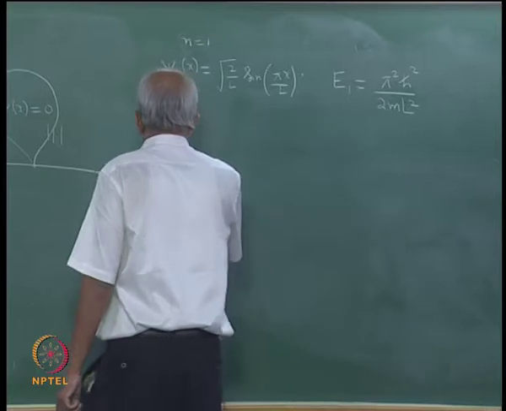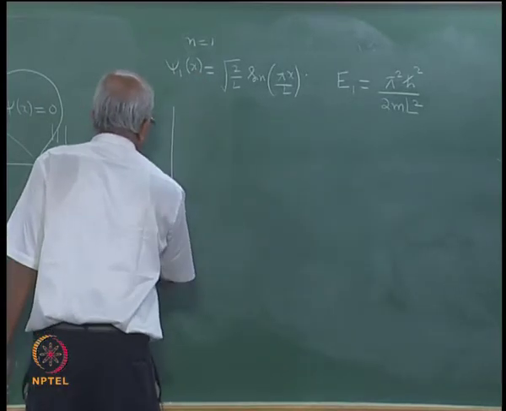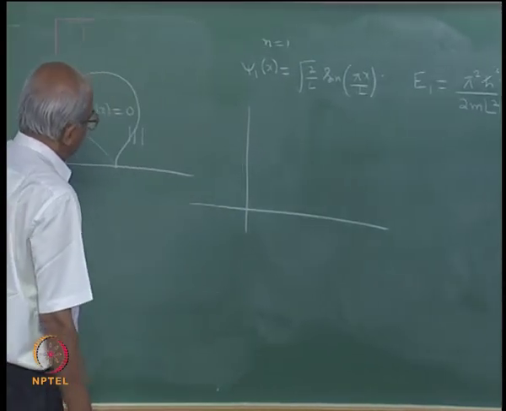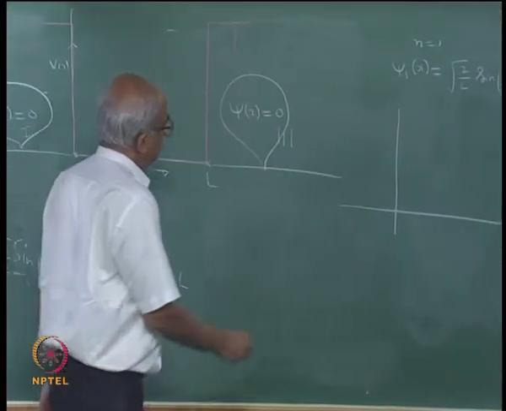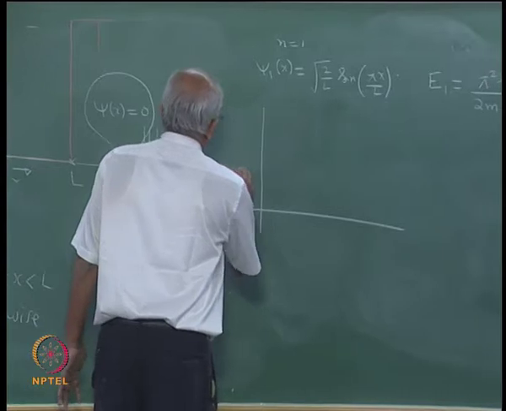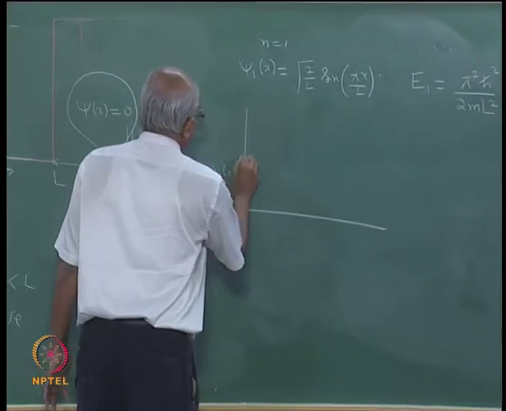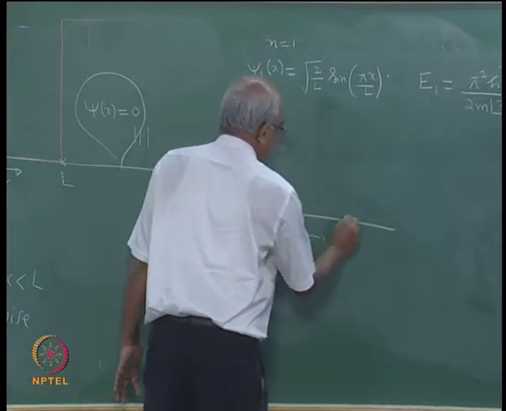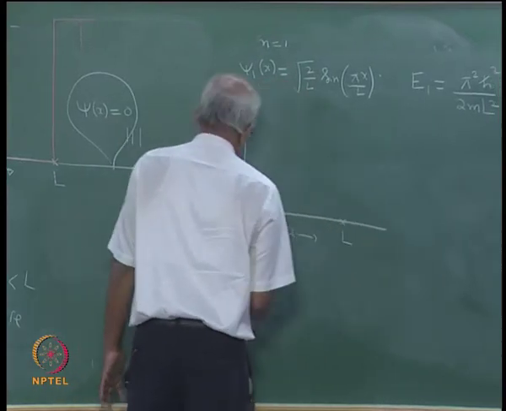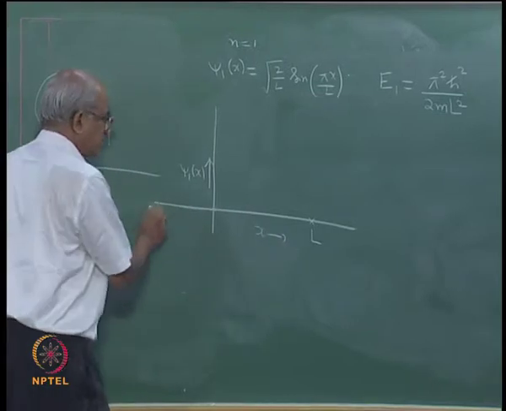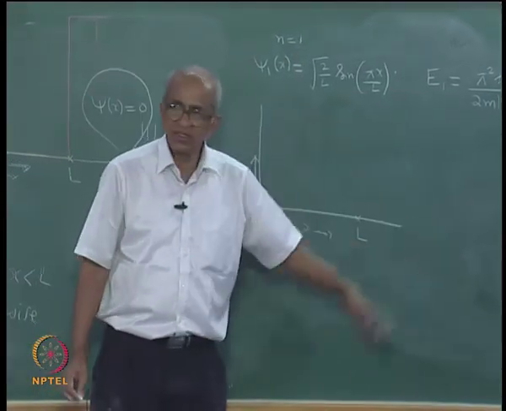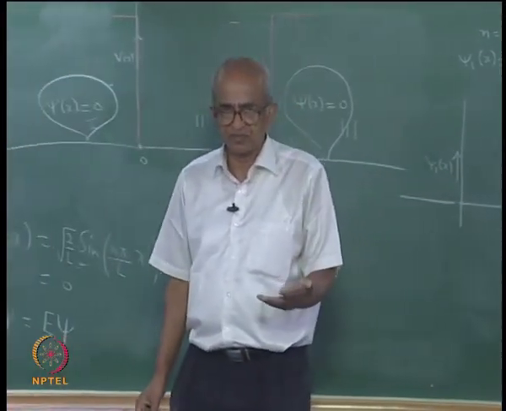And if I were to make a plot of this function, how would it look like? Psi 1 of x is going to be plotted along the vertical axis and x along the horizontal axis, running from 0 to capital L. In this region, it is not even necessary for me to plot the function, because in this region as well as in that region, I know that the function is 0.